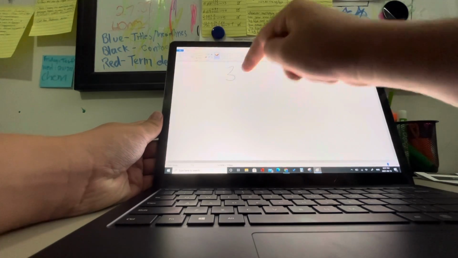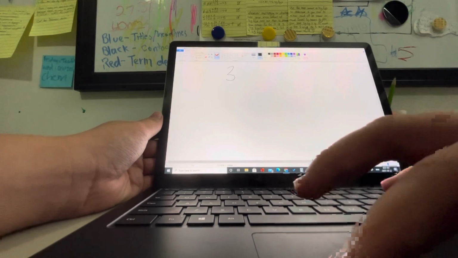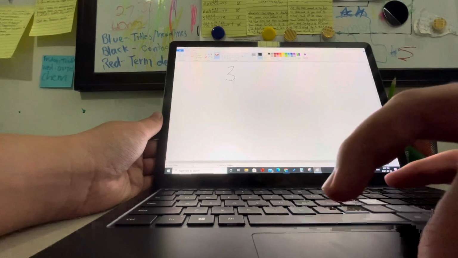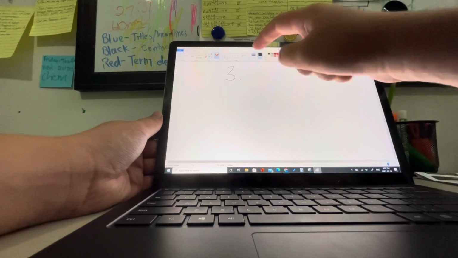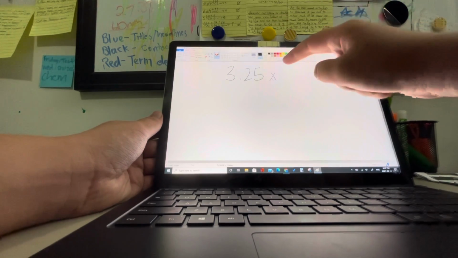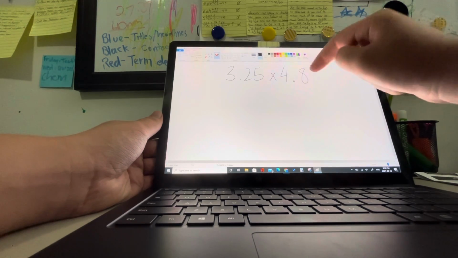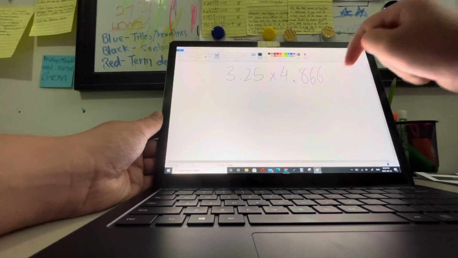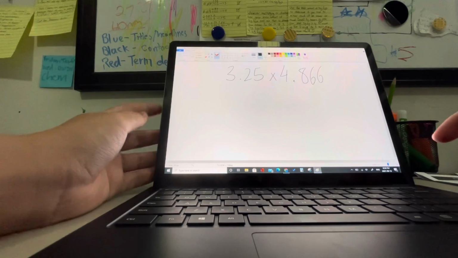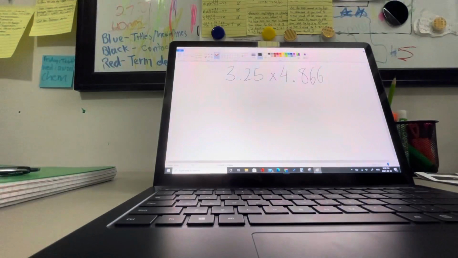It's going to be 3 point, wow, these points are not really visible, so I'm just going to use that. 3.25 multiplied by 4.866.